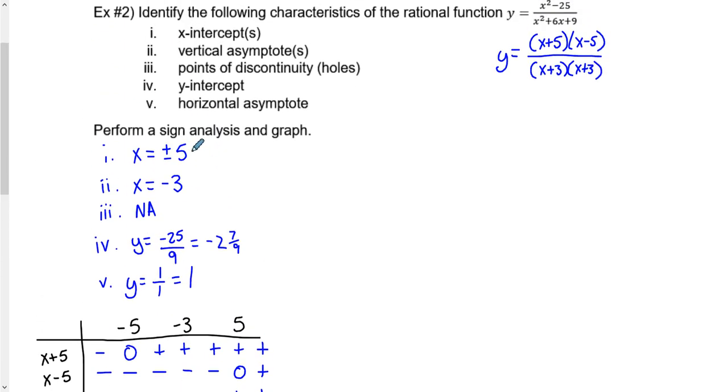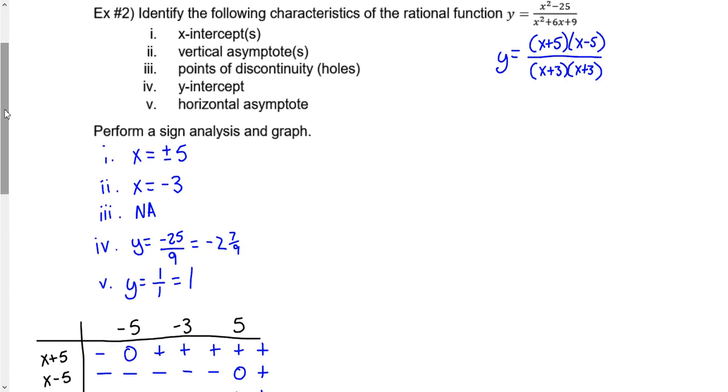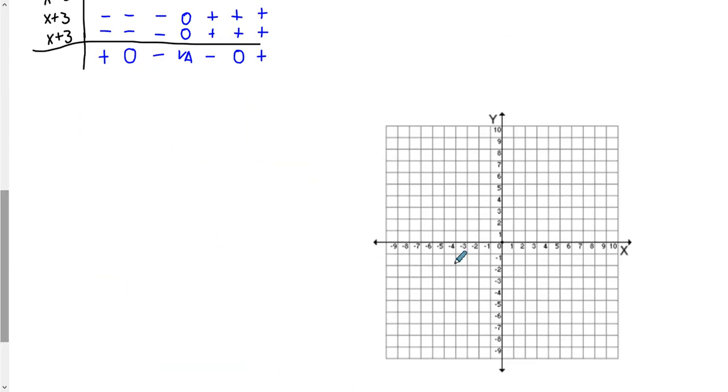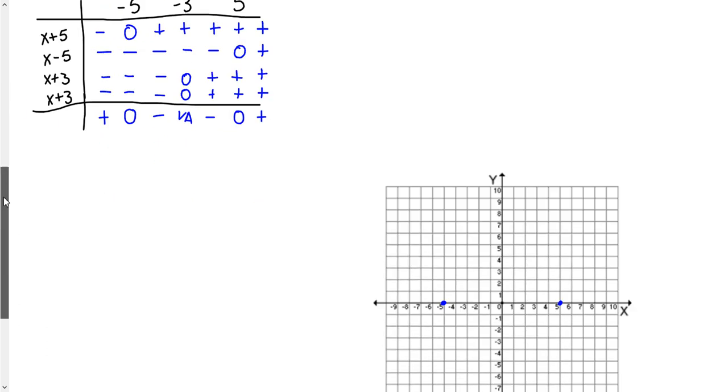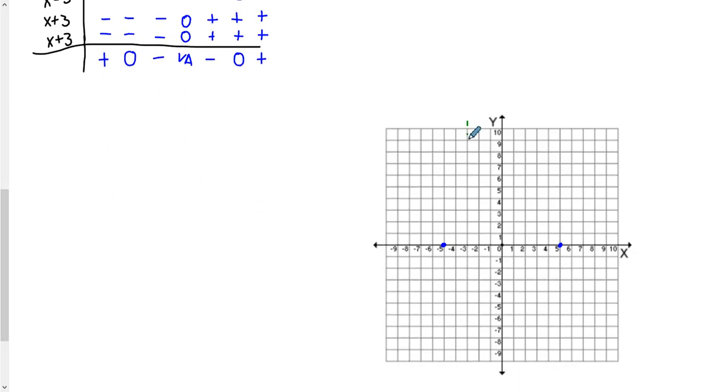We can just go step by step, identify our different parts. X-intercepts at positive 5 and negative 5. Our vertical asymptote, x equals -3.